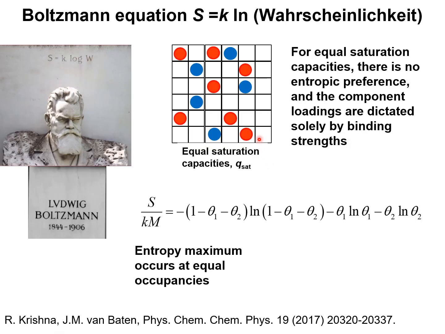For adsorption of a binary mixture of components 1 and 2 with equal saturation capacities Qsat, we can derive an expression for the entropy using the Boltzmann equation, S equals k ln W, that is engraved on his tombstone in Vienna.